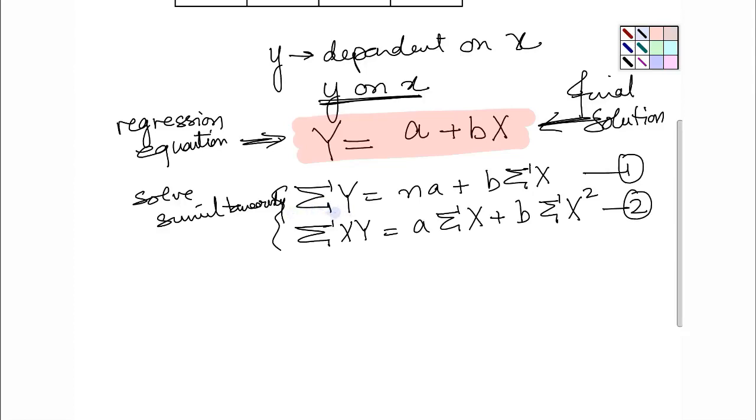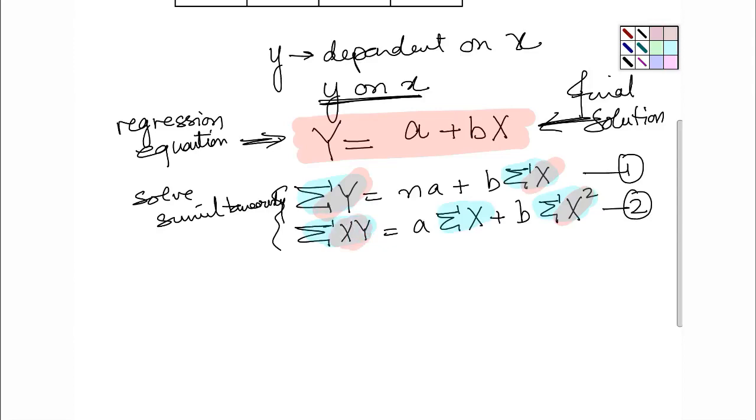Now, if you look at these equations that we need to solve simultaneously, what do we have? We have a summation of y, a summation of xy, summation of x, again being used here, summation of x square. So in all, we need different summations: sigma y, sigma x, sigma x square, and also sigma xy.